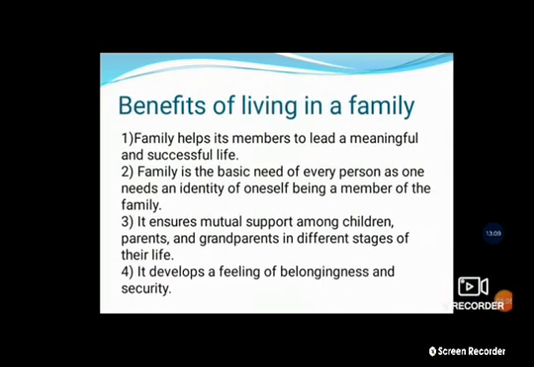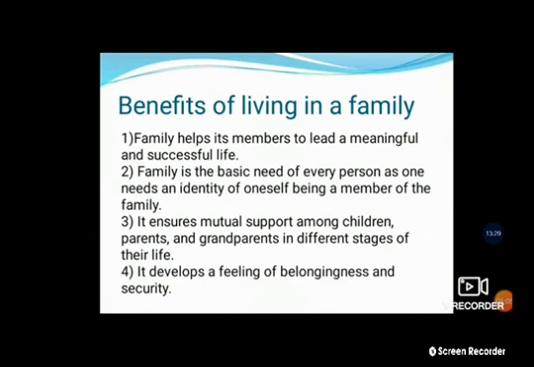Then benefits of living in a family. Family helps its members to lead a meaningful and successful life. Family is the basic need of every person, as one needs an identity of oneself.